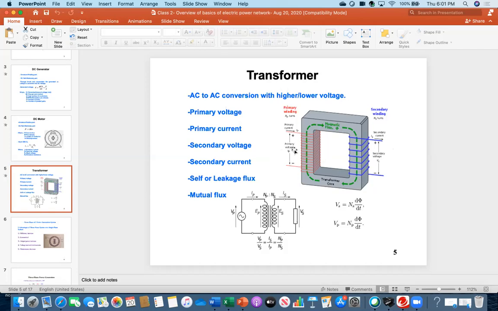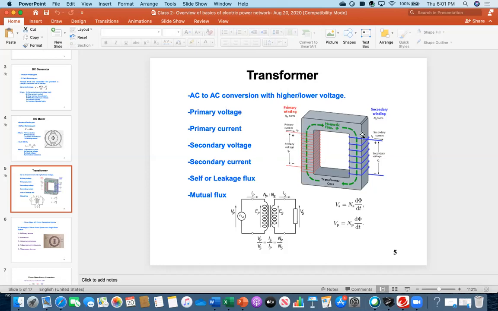So look at the left side, this is Vs and this is Ns. Ns is the number of turns on the left side. d phi by dt. Because this is AC, you are applying the AC voltage here. Consequently, this flux is also AC in nature. This is not DC, because an AC quantity is time varying, alternating in nature.